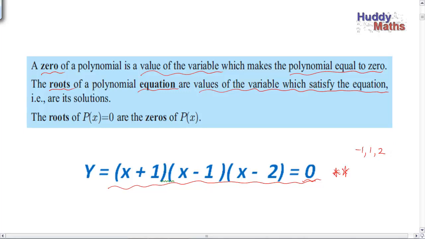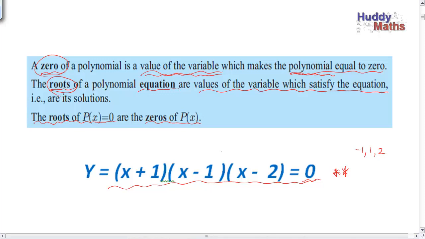So just remember now, an equation has roots, a polynomial function has zeros when you put it actually equal to 0. Just a little technicality there. A zero is the value of the variable which makes a polynomial function equal to 0. All right, so here now, just to confuse you a little bit, the roots of the polynomial being 0 are the zeros of the polynomial.